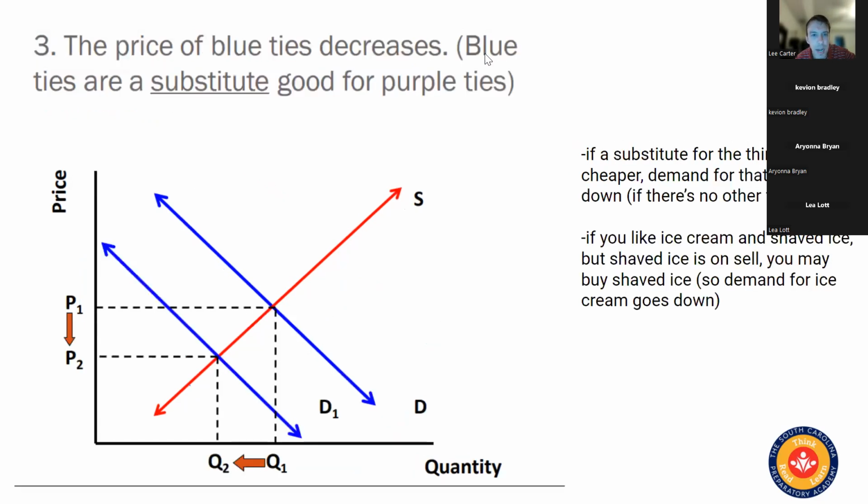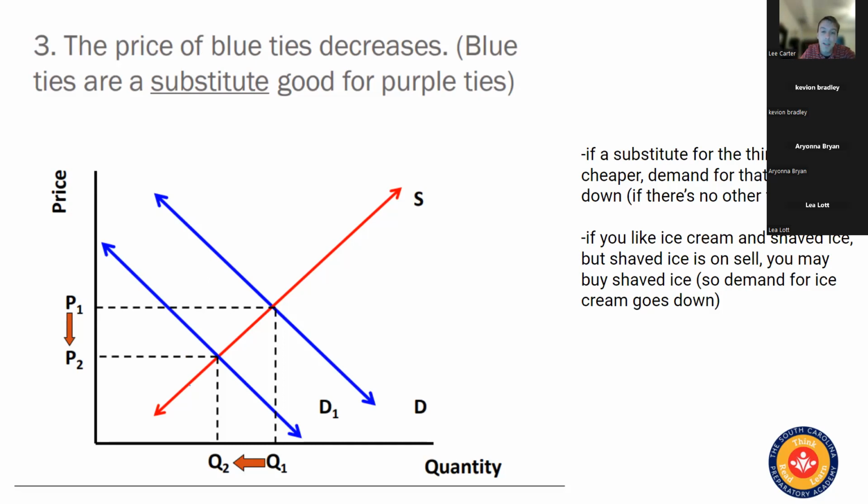The price of blue ties decreases. So suppose that blue ties are a substitute for purple ties. If the price of a substitute goes down, then people are going to buy that instead. For example, if you like ice cream and shaved ice, and you go to Ingles and ice cream is not on sale and shaved ice is on sale, you might buy shaved ice.